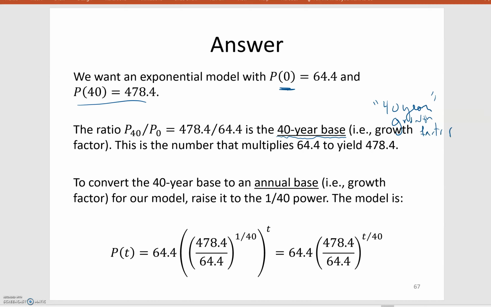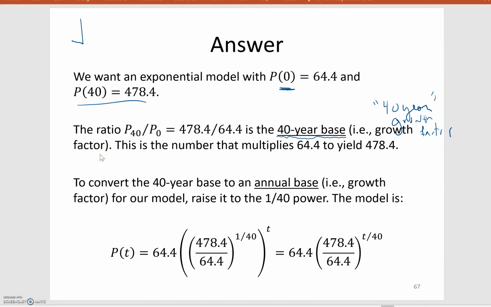Just in general, whenever you have an exponential function and two outputs of the function, remember what the definition of the growth factor was. If I go over 1 unit, it's how much I go up, that ratio of the rise over the run. Sorry, I'm having some computer troubles here.